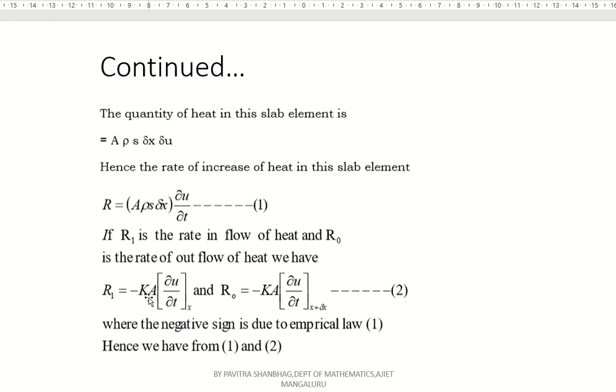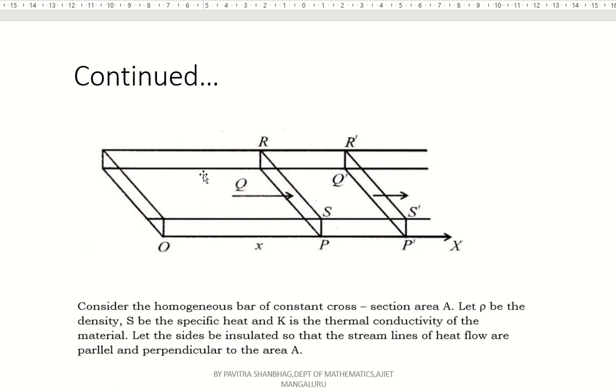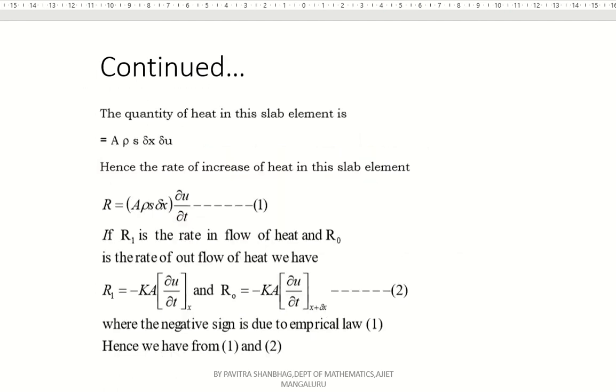This is inflow R1, this is outflow R0. Now R1 is minus KA ∂u/∂x at the point x, and R0 is minus KA ∂u/∂x at the point x plus delta x, where the negative sign is due to the empirical law.